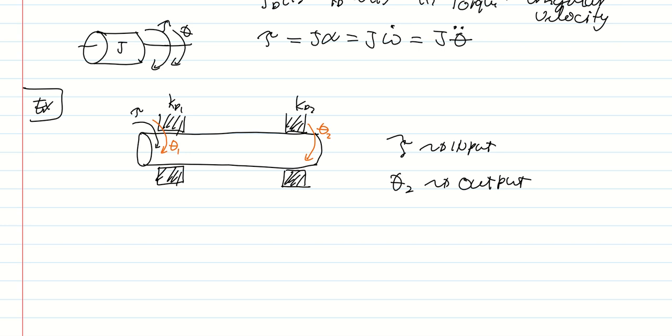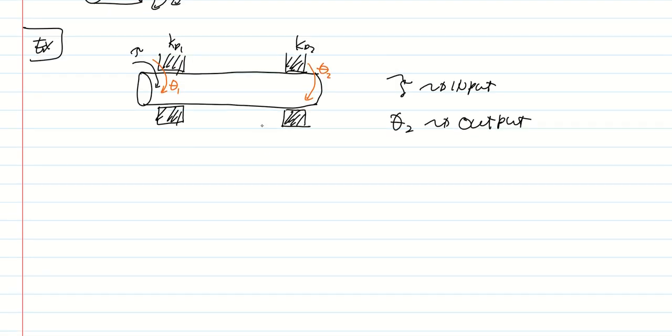If we draw the symbol, we can divide it into two inertias, and between them will be a spring, because we will rotate that part, and the other terminal will not rotate immediately.